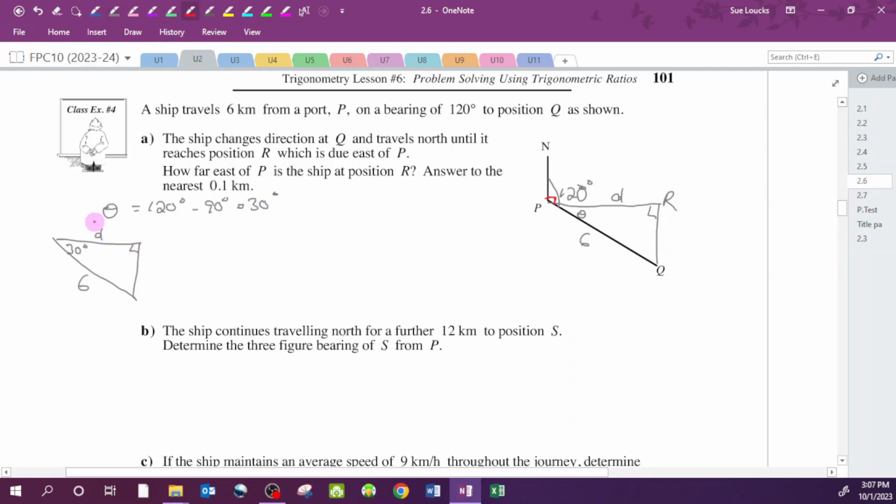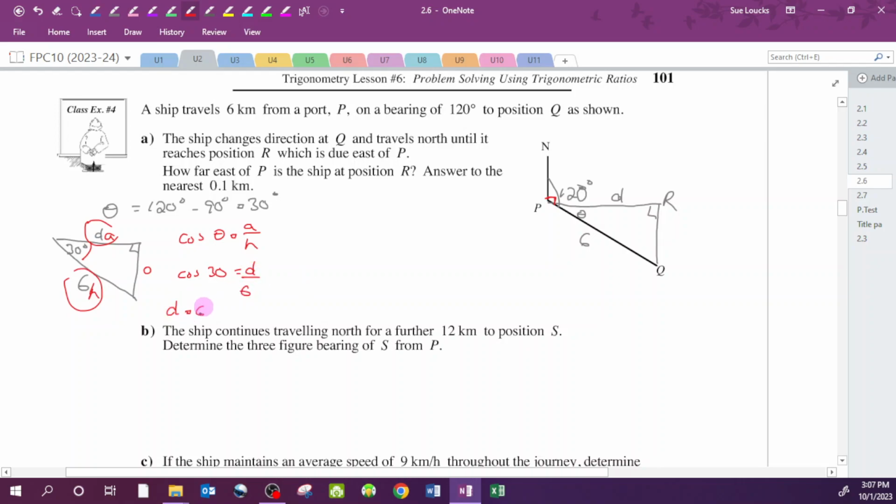So we've got the angle, SOH CAH TOA. I've got adjacent and hypotenuse, so that's cosine. So cos theta is adjacent over hypotenuse. So cos 30 is going to be d over 6.